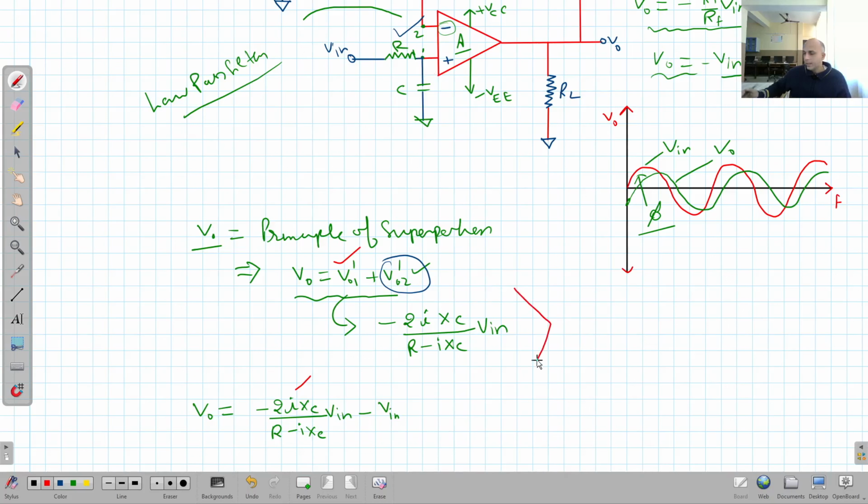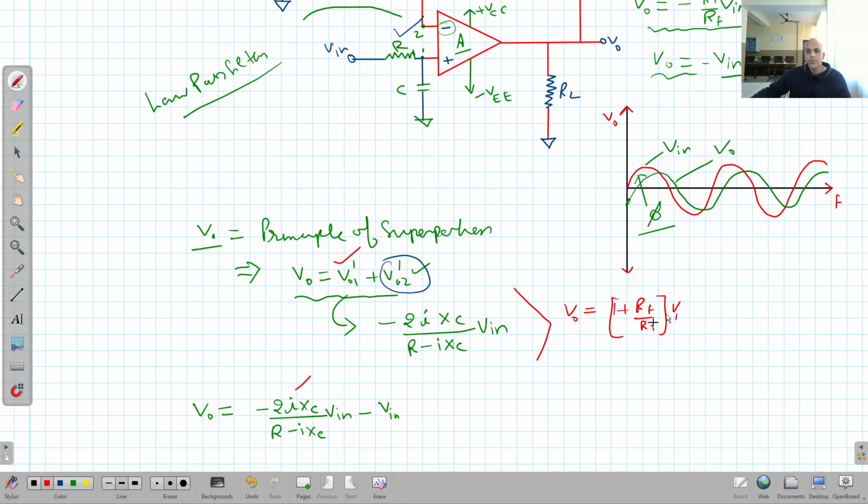For your convenience, I can recall it. When we discussed low pass filters, V output was equal to 1 plus RF upon R1 into V A, if A was the voltage at this node. Yeah, I can say it is V1.